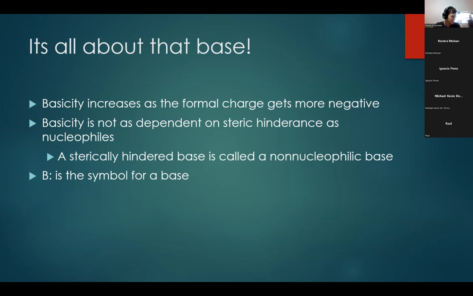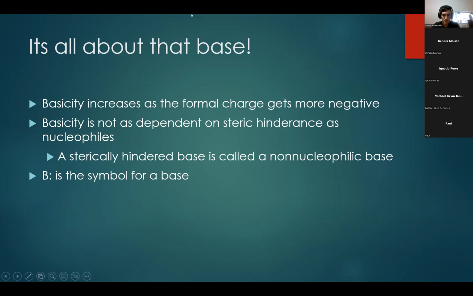These are just trends from chapter 3, but a negative formal charge means a stronger base. Bases are less prone to steric hindrance, and so we can use that to our advantage.